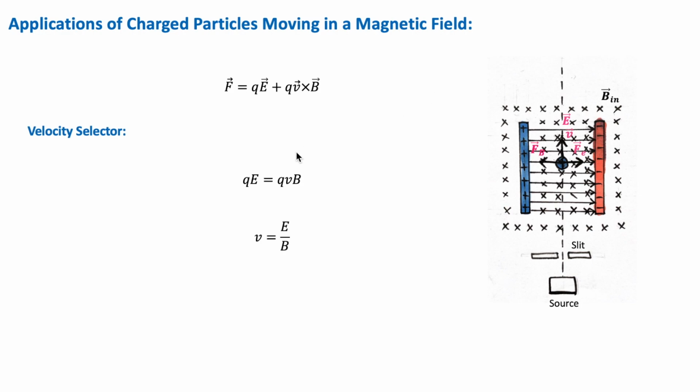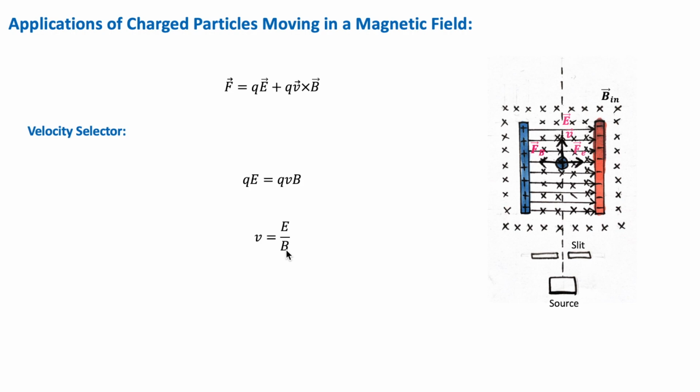So from the expression here, you can see that only those particles with a speed equal to E over B will be able to pass through the fields without being deflected.